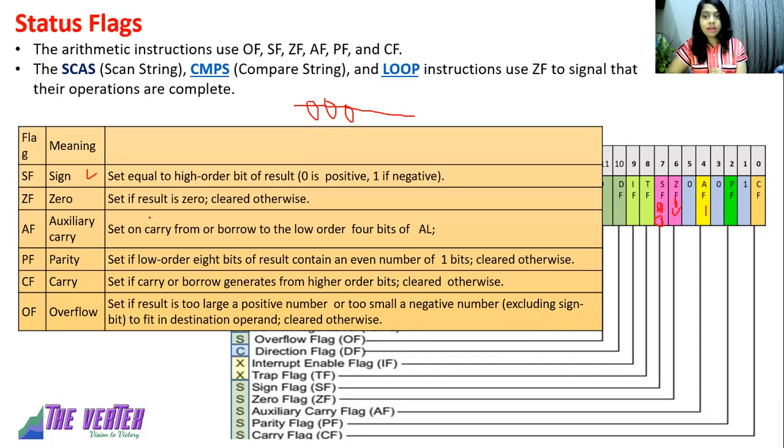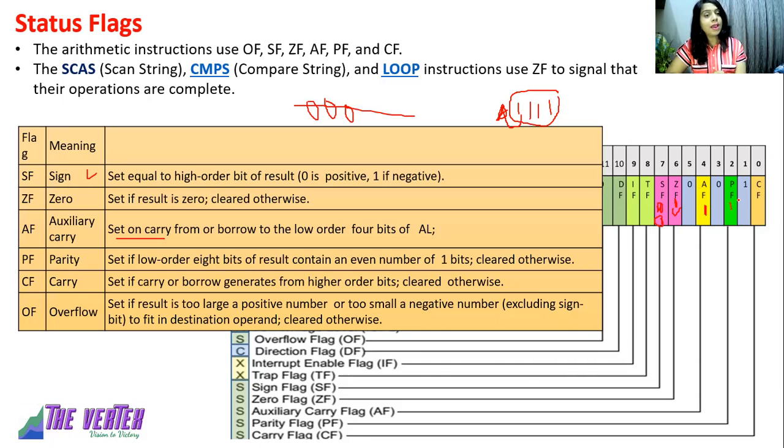It will be set when there is a borrow or carry from a nibble. A nibble is a combination of 4 bits. Whenever a carry generates from the 4th bit to the 5th bit, then the auxiliary carry flag will be set to 1. Otherwise, if there is no carry from the 4th bit to the 5th bit, then this flag is 0.